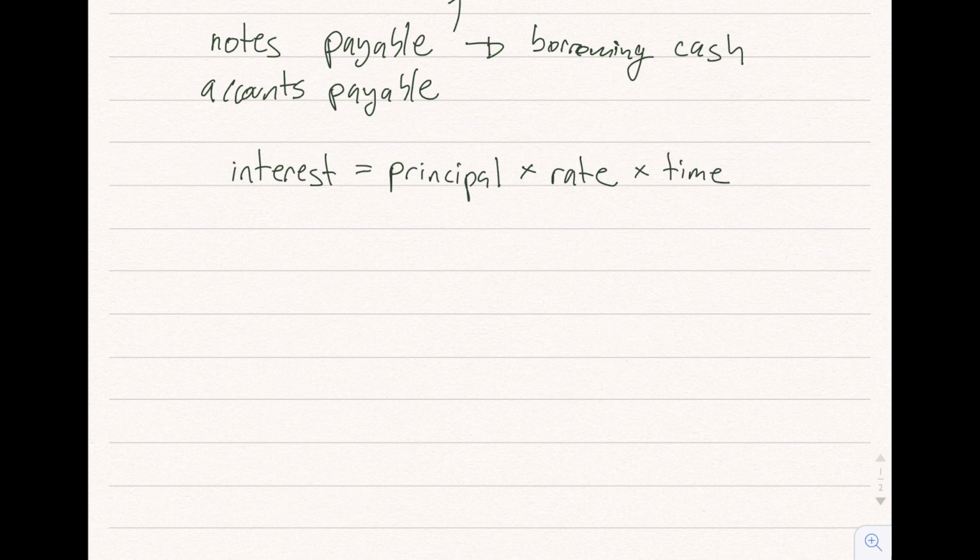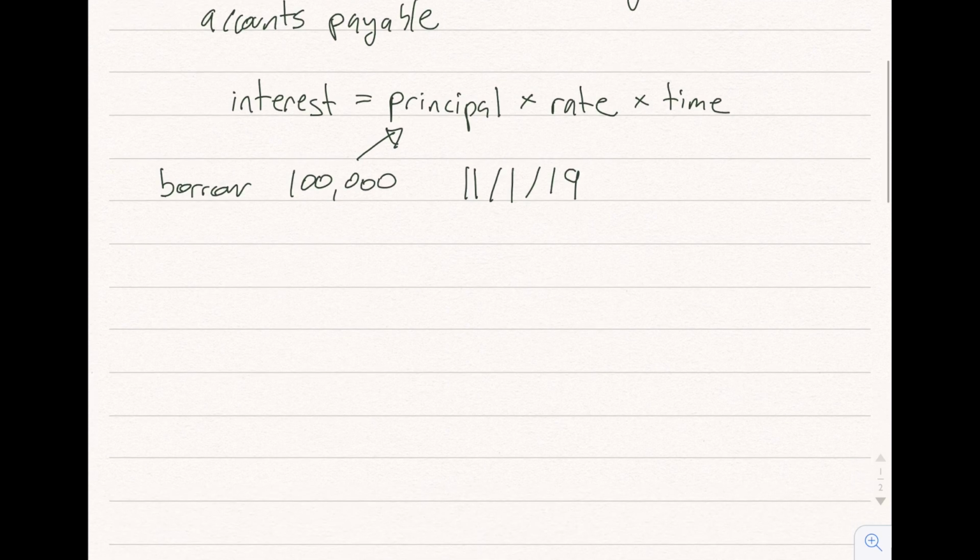Okay, so let's say that you borrow $100,000 and it's November 1st, 2019. Okay, that is your principal, right?